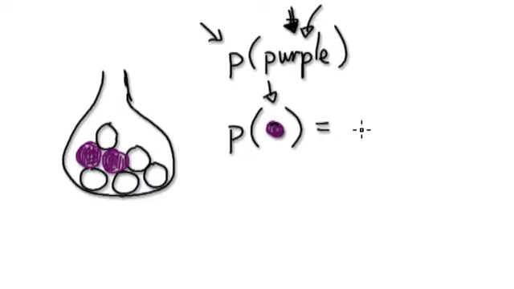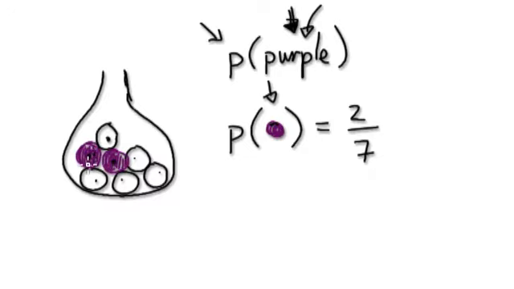So the probability of purple is 2 over 1, 2, 3, 4, 5, 6, 7. 7, because there are 7 possible outcomes. When you put your hand in here to pick up a sweet, you could pick one of the 7 sweets.